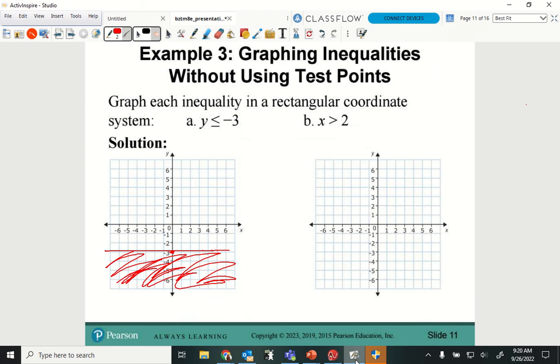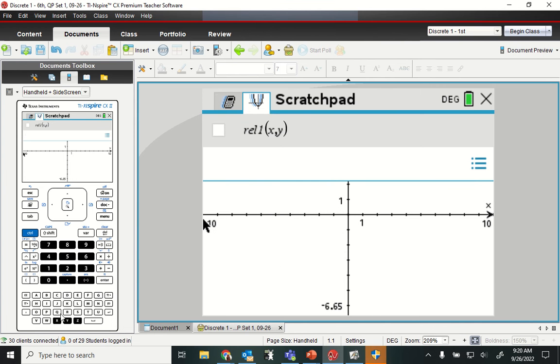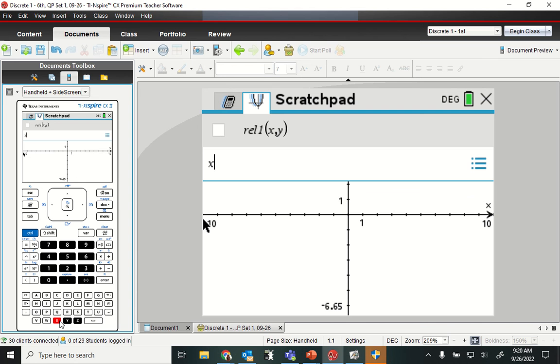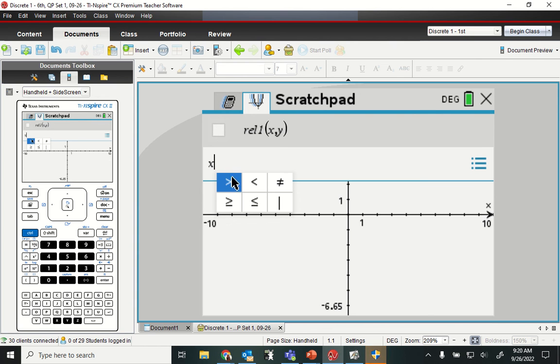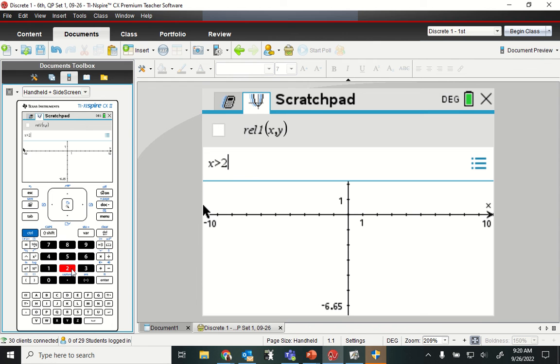So that was x is greater than 2. So x, and remember, I find my symbols, control equals. That will bring up the little box right there with all my symbols. Okay, I have greater than 2.